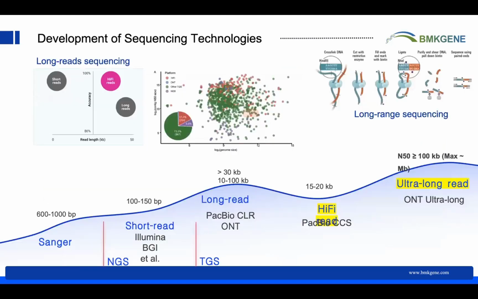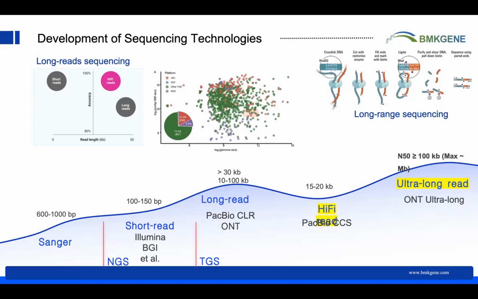Since sequencing read length is very important for the assembly, here I show you how the sequencing technologies have developed. The first generation sequencing technology is named Sanger sequencing. It has a read length of about 600 to 1,000 base pairs.